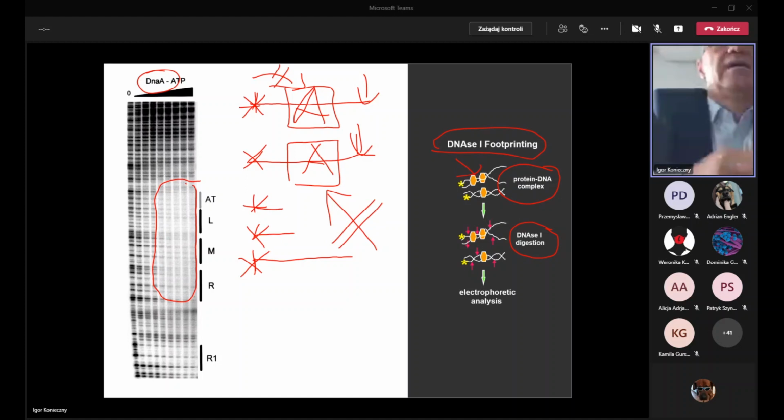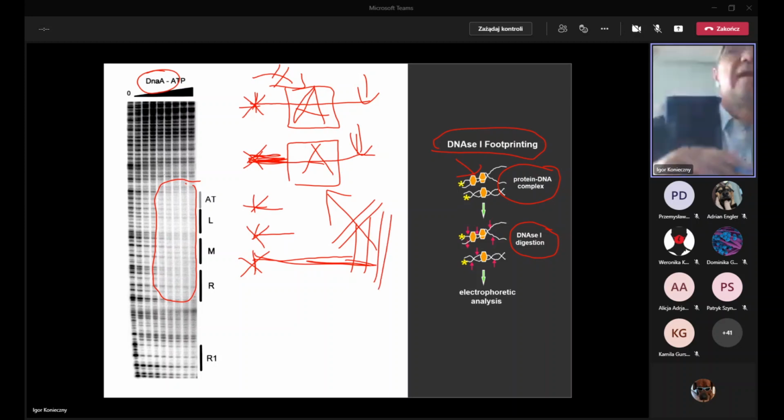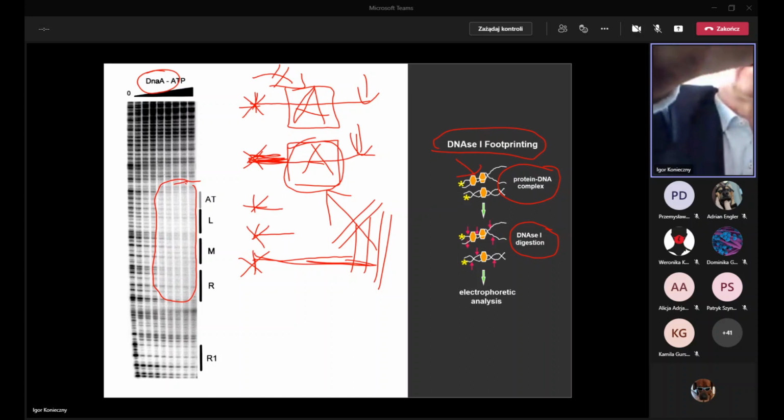So you will have these fragments and longer ones because of cuts in there, but not this length, and this is this part.